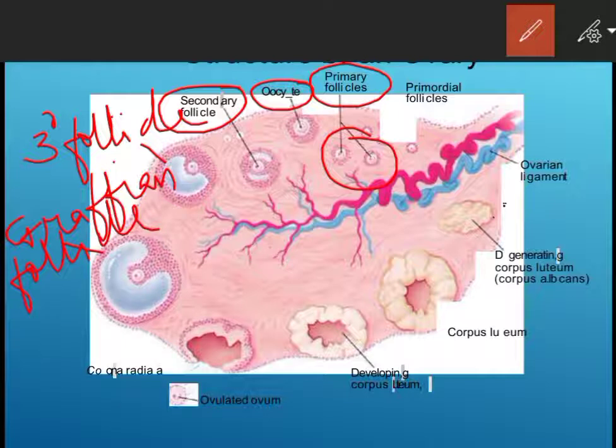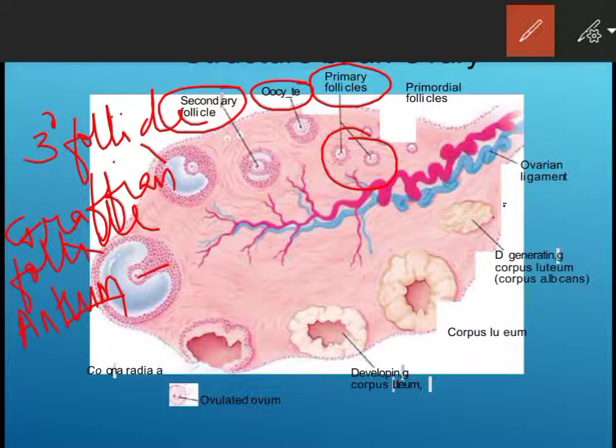Graafian follicle is identified by a fluid-filled cavity which is called antrum. Okay, and you can see this is the ovum, right?